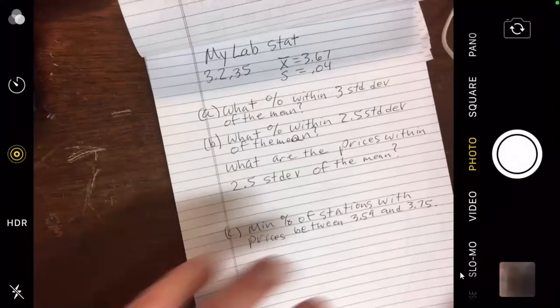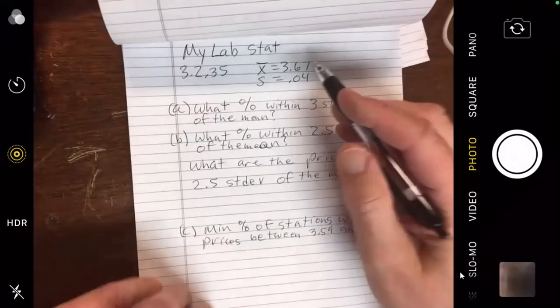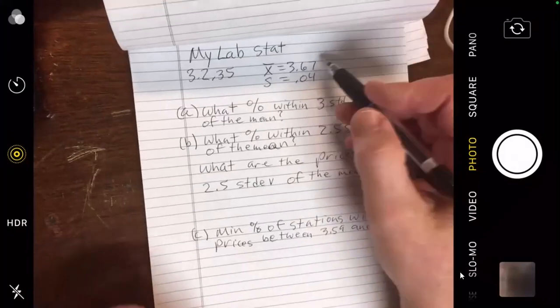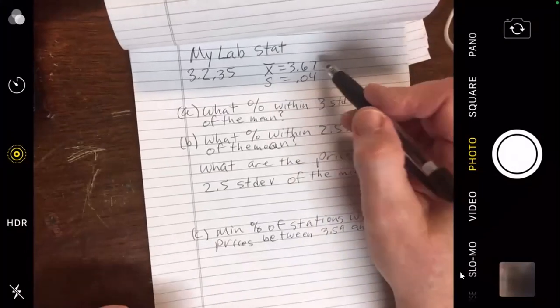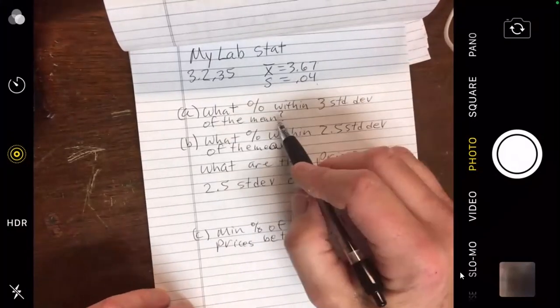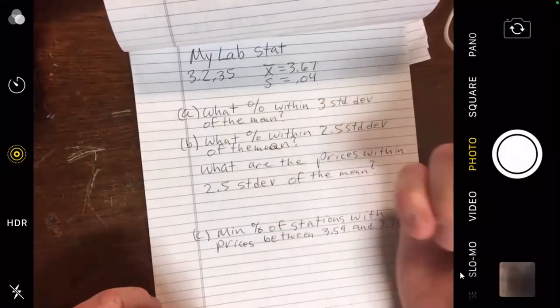Okay, back to the camera. All right, so I didn't write down all those words, a lot of words. So there was the mean, there was the standard deviation. First question, what percent within 3 standard deviations of the mean? Might have said minimum percentage.